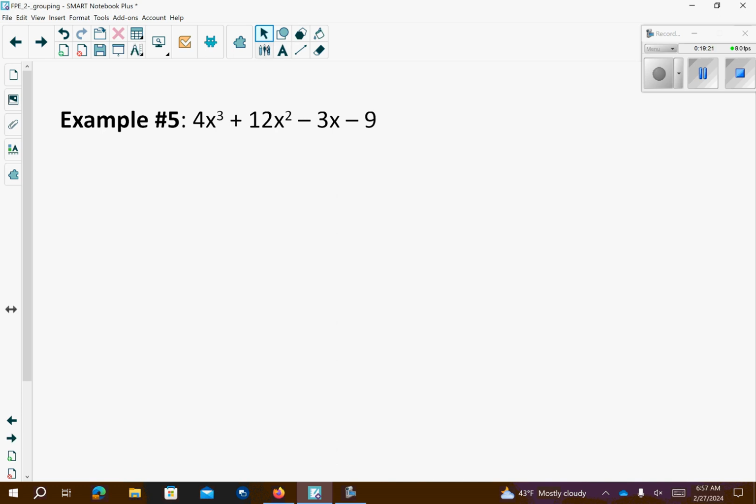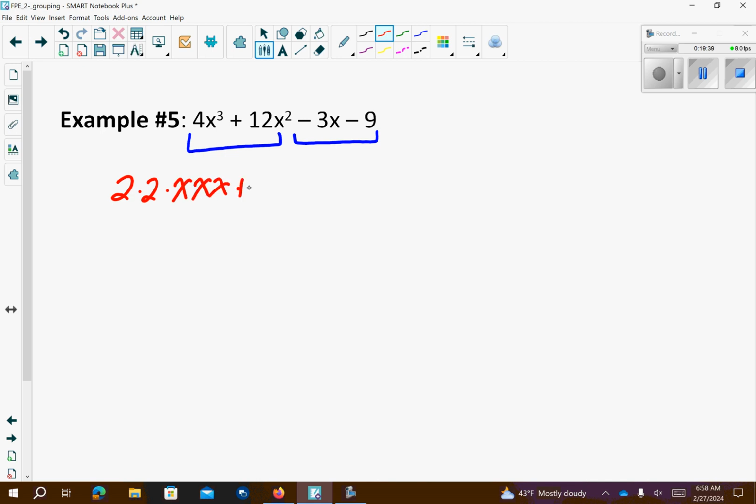Okay, so I'm going to look at the very first 2 terms first, and then I'm going to look at the very last terms. Okay, so let's look at these first 2 terms. I have 4x to the third. 4 is the same thing as 2 times 2, and then I have x, x, x. 12 breaks down to 2 times 6. 6 breaks down to 2 times 3, and then x squared is x, x.